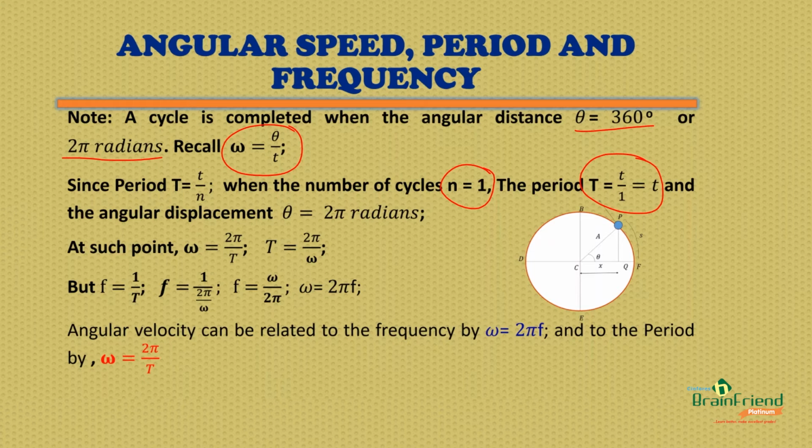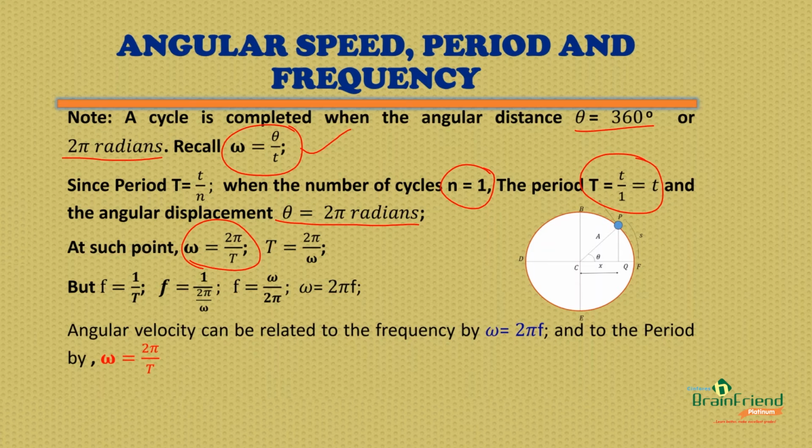And the angular displacement at such point is theta equal to 2 pi radians. Now, substituting period capital T for small t and 2 pi for theta into this equation, we have omega is equal to 2 pi over capital T. This gives us an expression that relates angular velocity with our period capital T.